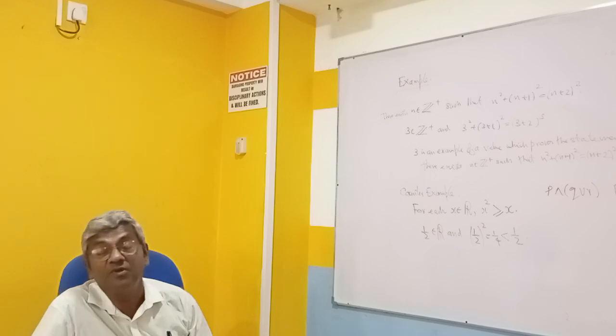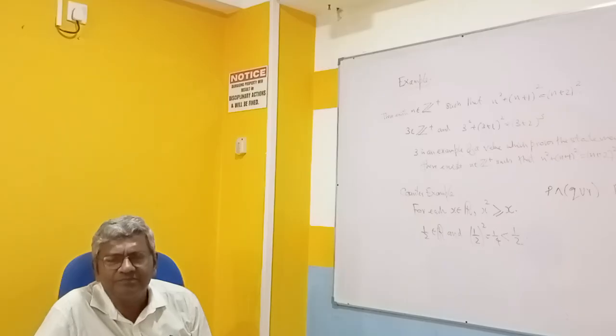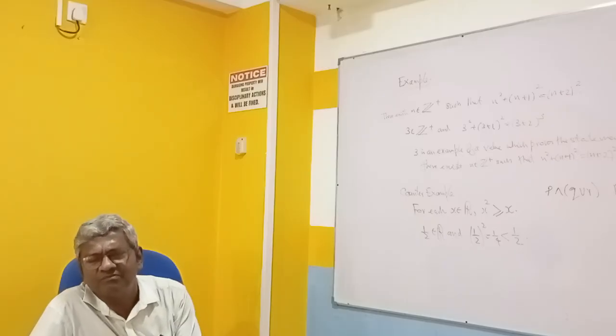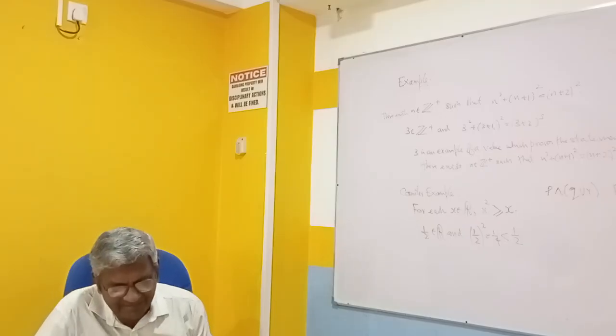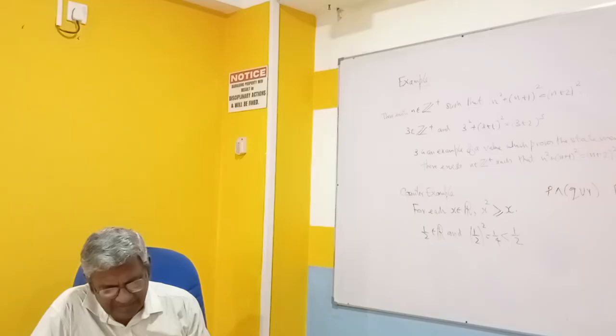Suppose you want to disprove, for every x belongs to capital X, P of x. How do we disprove? We have to show that there exists x in X such that P of x is not true, that is, not P of x.